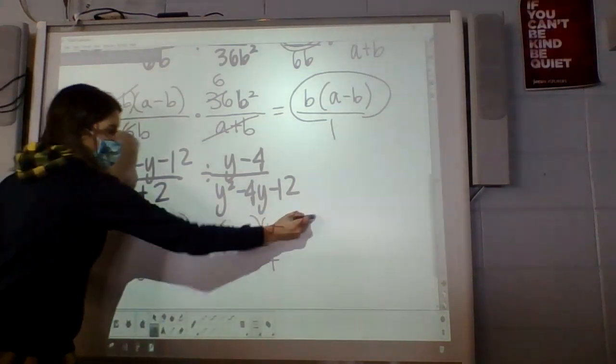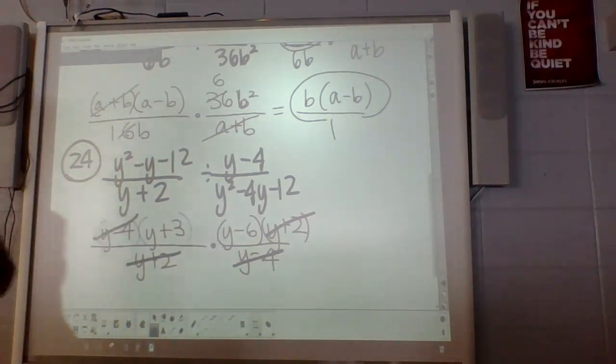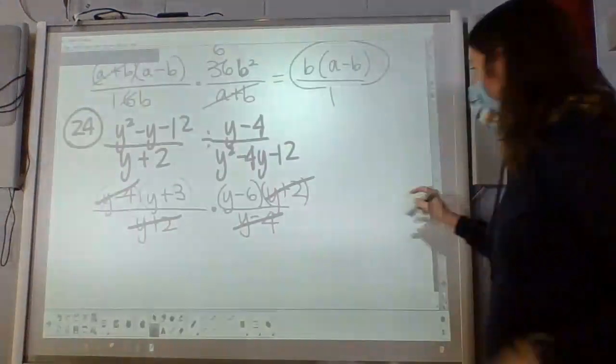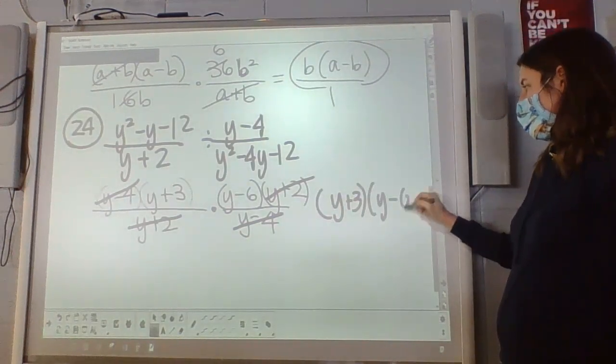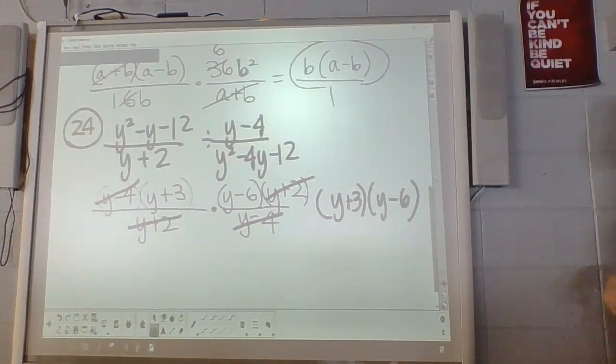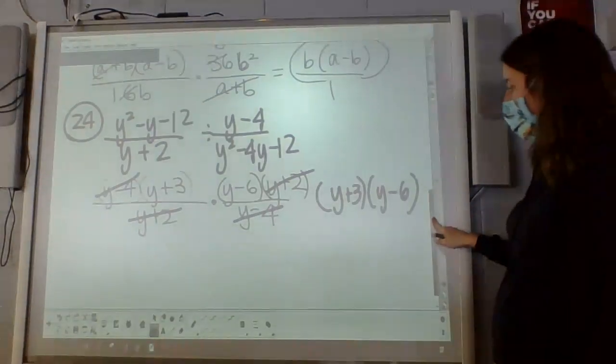So the y plus 2's cancel, and the y minus 4's cancel. So I'm left with y plus 3, and then y minus 6. And then you just leave it that way. You don't need to FOIL or anything like that. Nothing else will cancel, so that's fine that way.